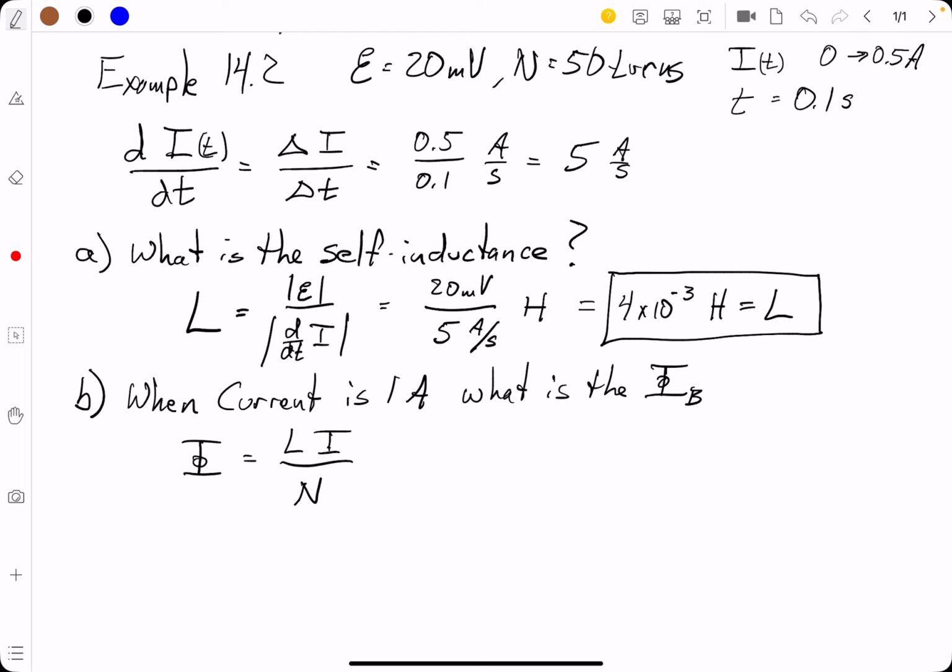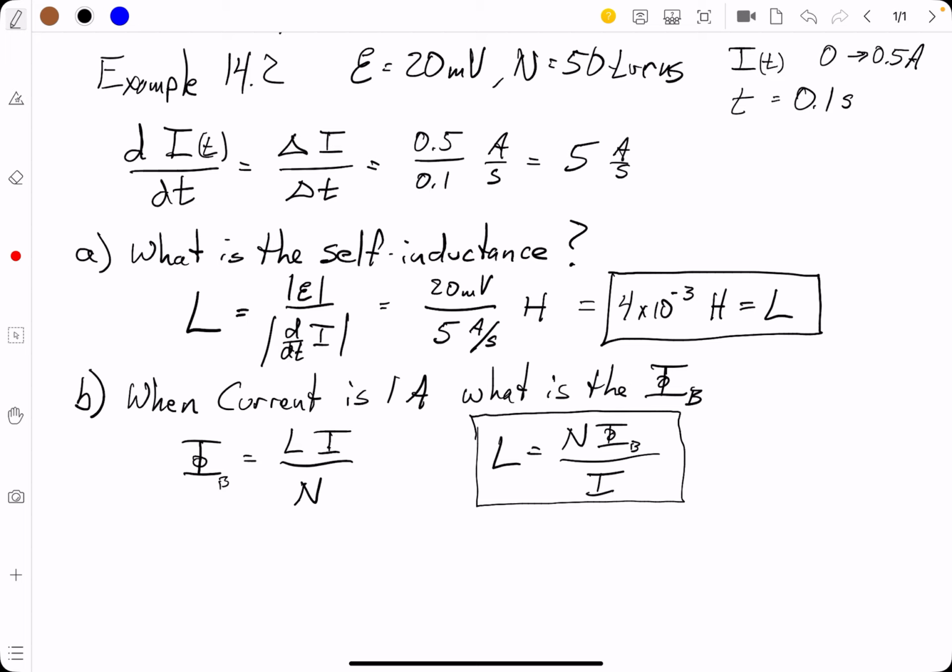So you could write it down as our inductance is equal to N times our magnetic flux divided by the current. However you want to think about it, but this is the basic equation, and then of course you're going to be solving for our flux, right? Our phi of B, we want the magnetic flux.